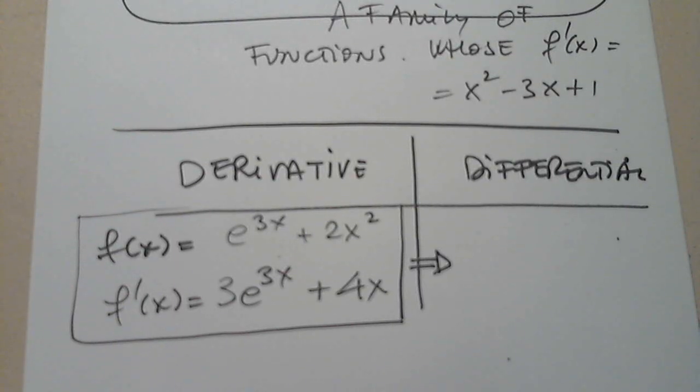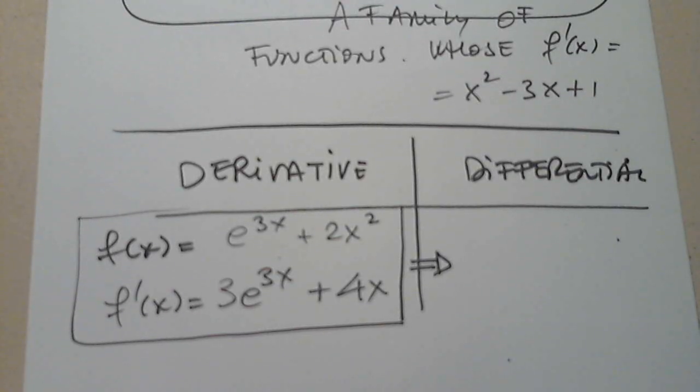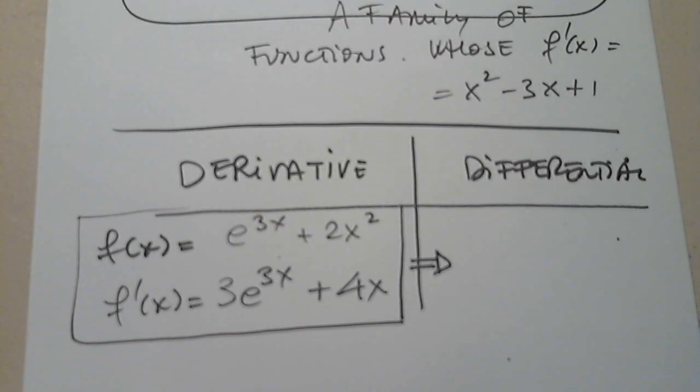Can anyone give us the differential of this function? We have the derivative, but we also want the differential. And they're not the same. And there is only a very, very simple formula.